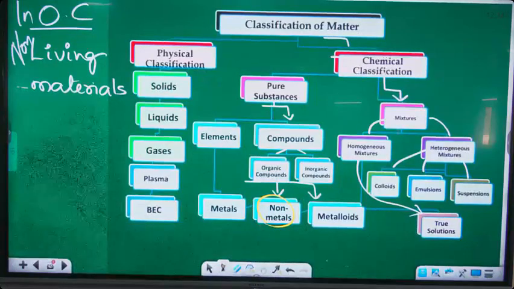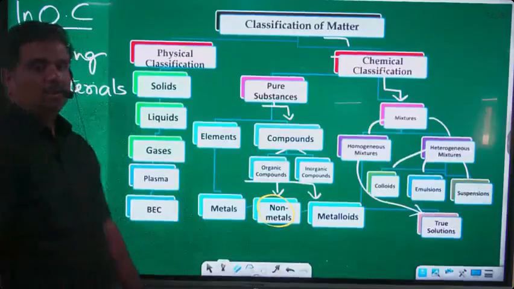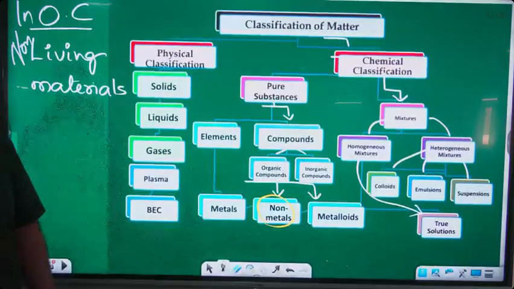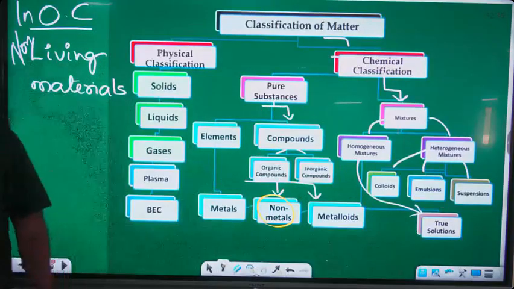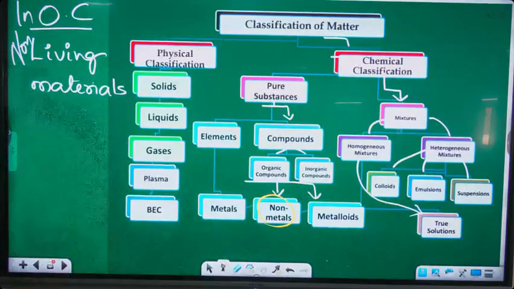Now, for example, sea water, samudramlo నీళ్ళు, living or non-living material? సముద్రంలోని నీళ్లు లివింగ్ మెటీరియల్, నాన్ లివింగ్ మెటీరియలా? సో నీళ్లు ఆక్సిజన్ తీసుకుంటున్నాయా? నీళ్ళలో ఆక్సిజన్ ఉంది కానీ ఊపిరి పీల్చుకోవడం లేదు కదా. సైజ్ పెరుగుతుందా తగ్గుతుందా?